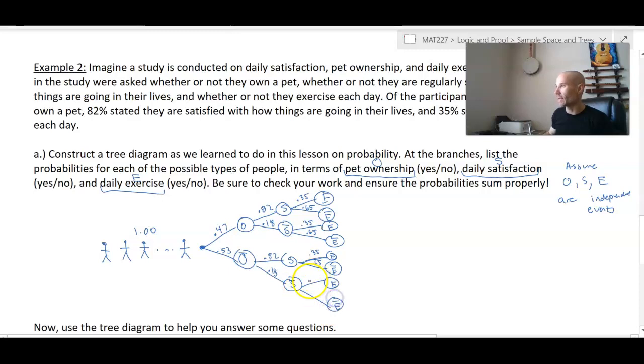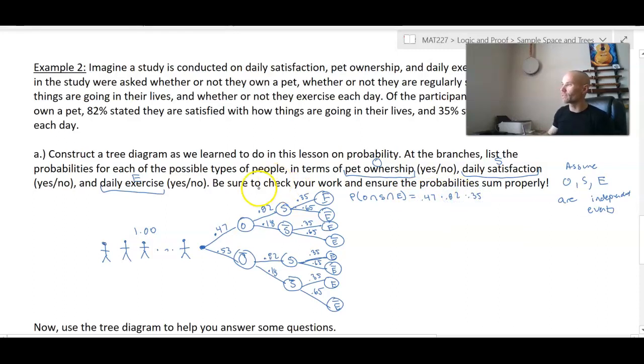And because we want to gather joint probabilities, we can multiply along the chain to figure out the percentage of people who do any one of these things. So the percentage of people who own a pet and are satisfied and exercise each day is going to be the probability of one times the probability of the other times the probability of the third.